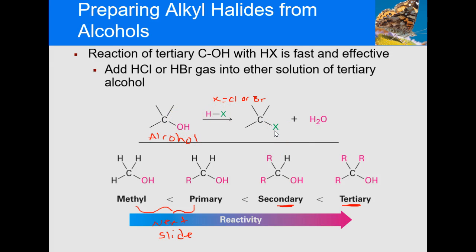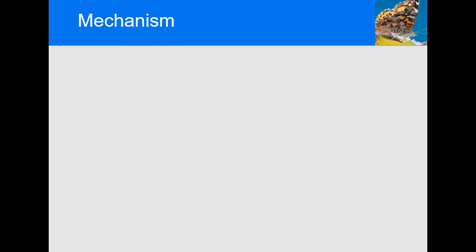I'm going to actually do a mechanism on this page. So let's say we have some sort of alcohol, and we're going to add, let's say, HCl to it. First step is the lone pairs from the alcohol protonate and kick out the chlorine.